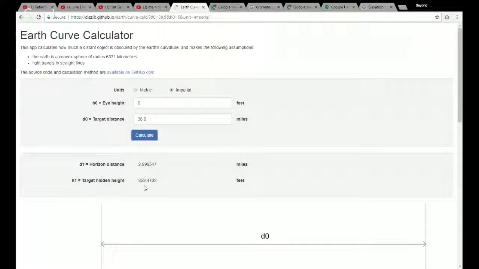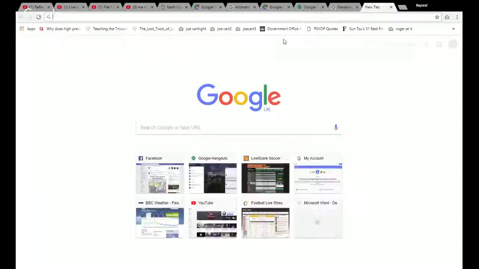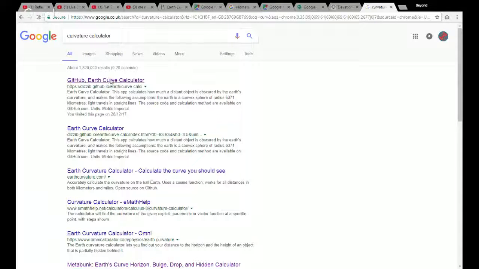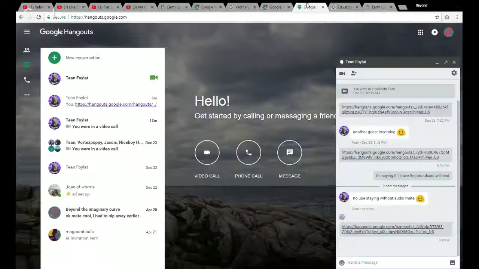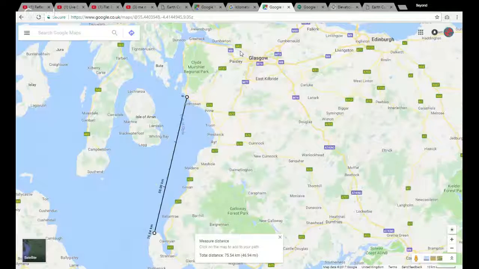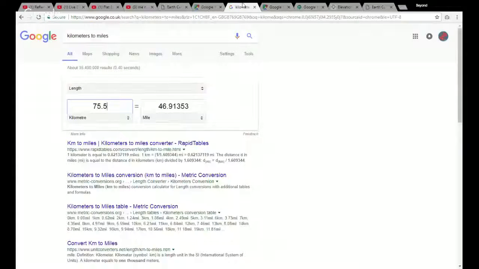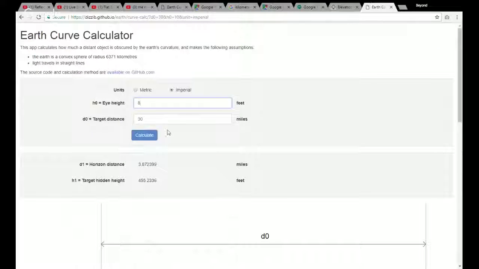So the first one was 859 feet. Hang on, I'll just open another one up here. So we're saying a generous 8 feet to this, although it's not. And the distance was 46.9 miles. Right, there we go. We're at 8 feet, 46.9, 1200 feet curvature.